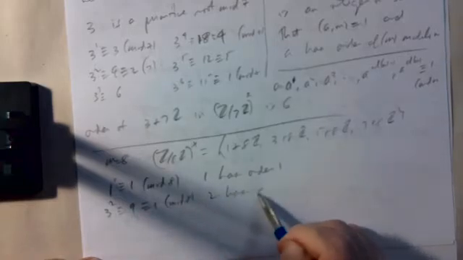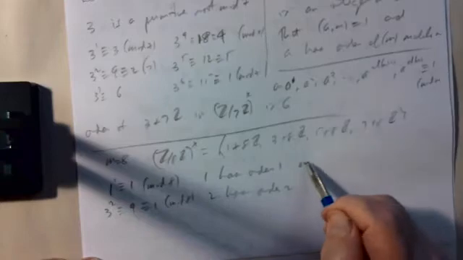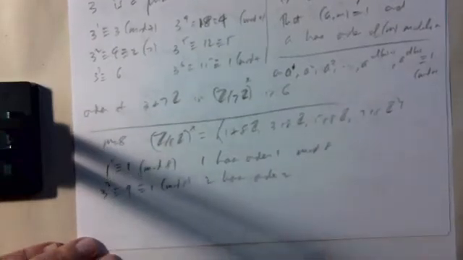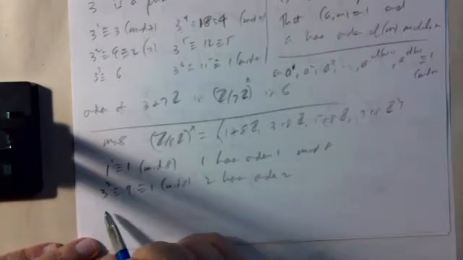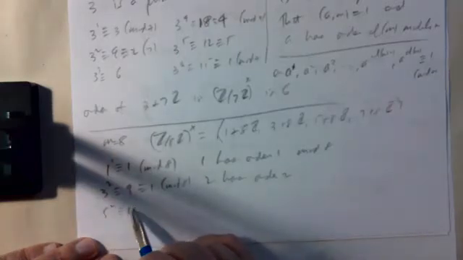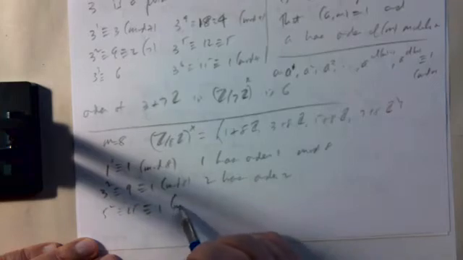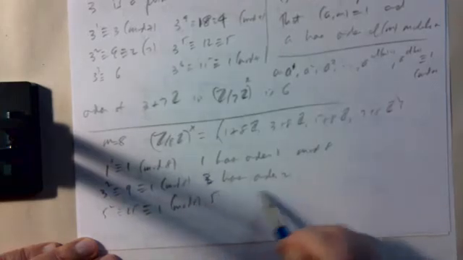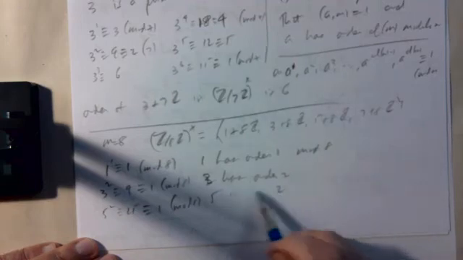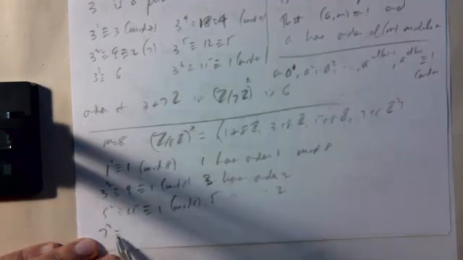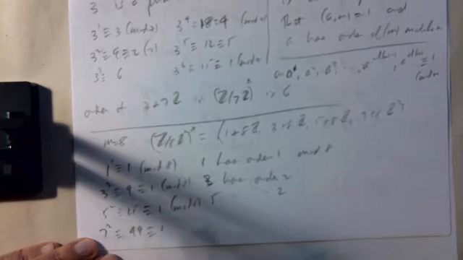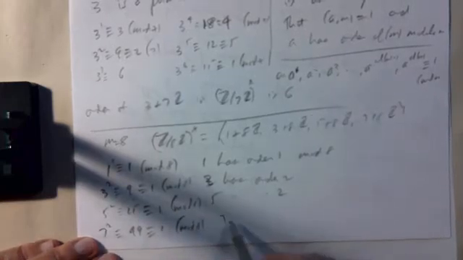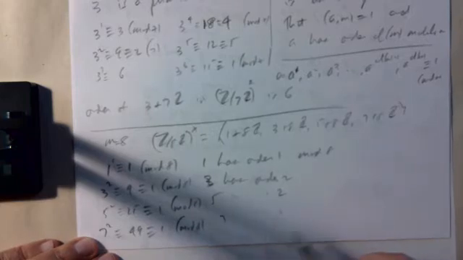So 3 has order 2 mod 8. 5 squared is 25, which is congruent to 1 mod 8. So 5 has order 2 mod 8. 7 squared is 49, which is congruent to 1 mod 8.